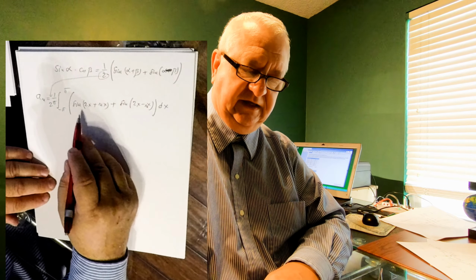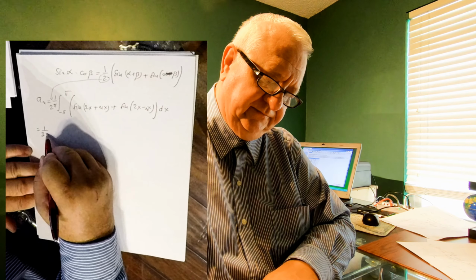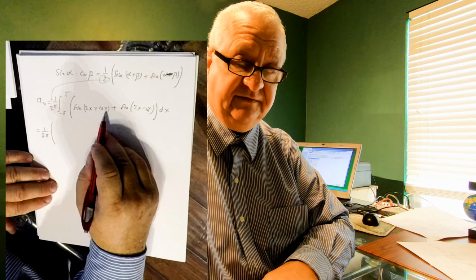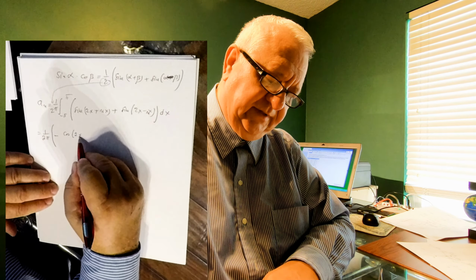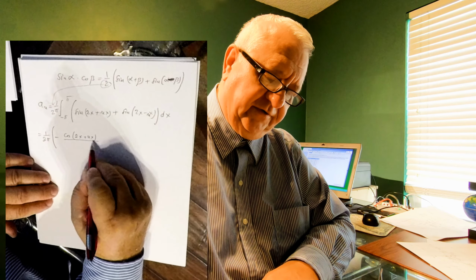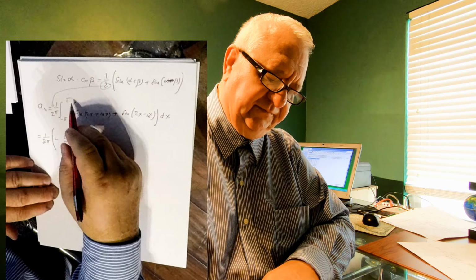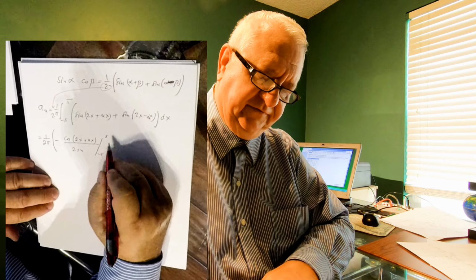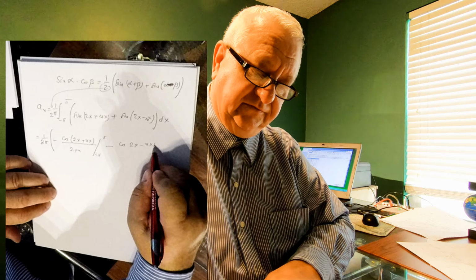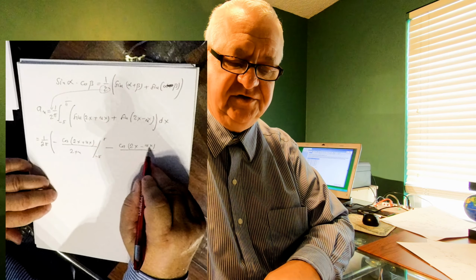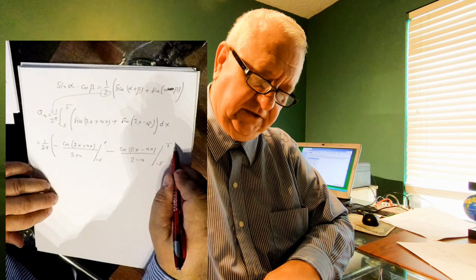Integrate. Now it's simple, I have just sines, so the result is 1 over 2 pi, constant outside, parenthesis. Integral of sine is negative cosine, so it's negative cosine of 2x plus nx over the coefficient of x, 2 plus n, between the limits minus pi and pi, plus minus cosine of 2x minus nx over the coefficient of x, 2 minus n, between the same limits minus pi and pi, close parenthesis.